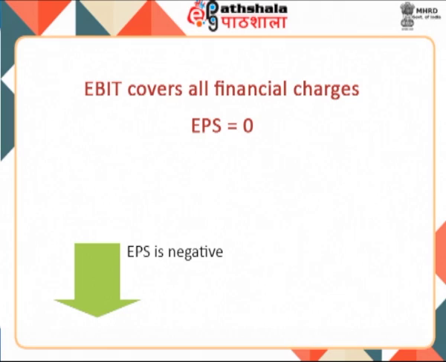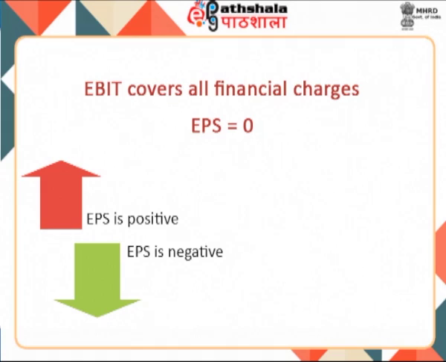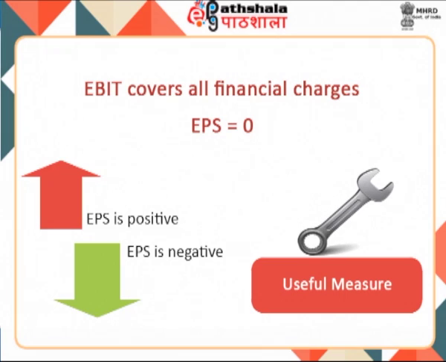However, once the firm achieves financial break-even, the earning per share rises disproportionately to changes in EBIT, that is earning before interest and taxes, as it gives a good indication about earning per share for the firm and thus the financial risk associated with the firm. It is a very useful measure.